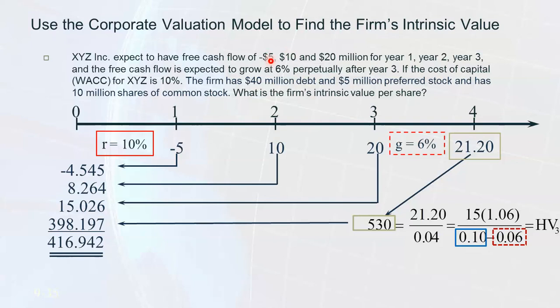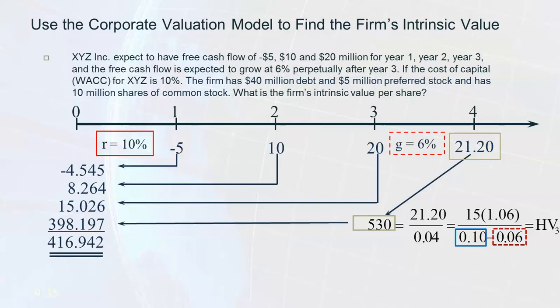In this case it's given, so let's use these numbers. These are the cash flows in year 1, year 2, year 3, and after year 3 the cash flow is constant, growing 6% perpetually. That's the key.